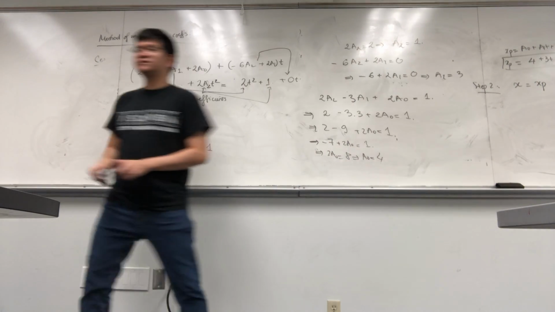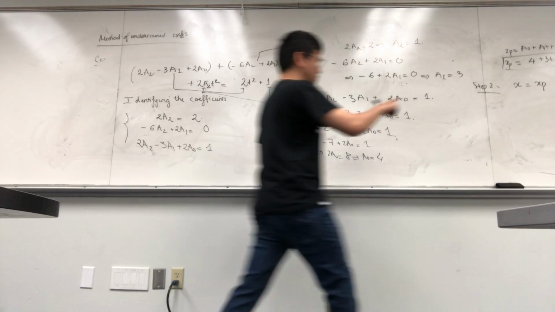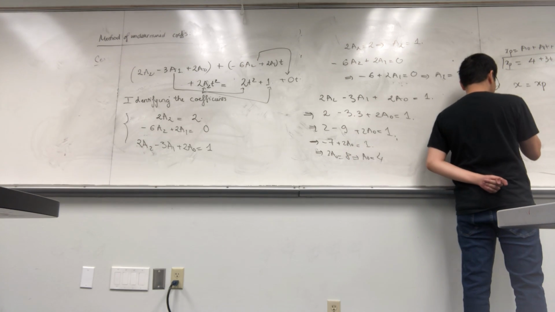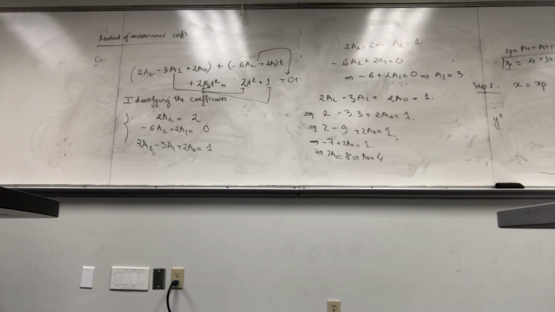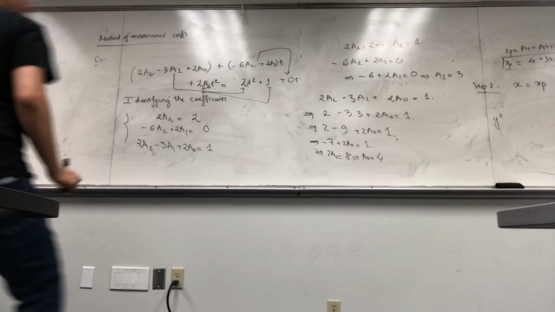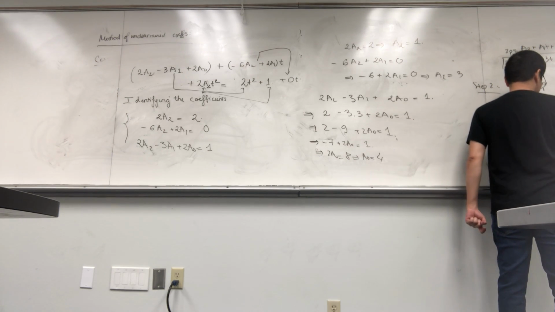So what you do is you take the sum of xp and the solution of the homogeneous equation, in which the homogeneous equation will be y double prime minus 3y prime plus 2y is equal to 0.